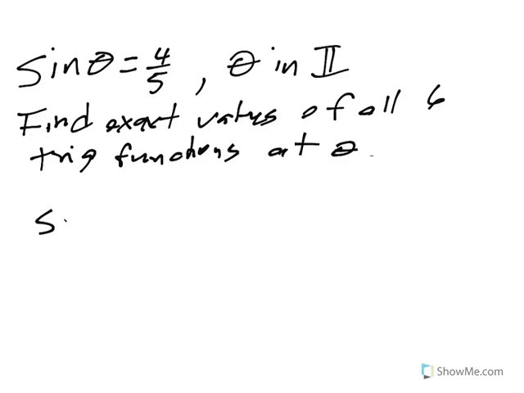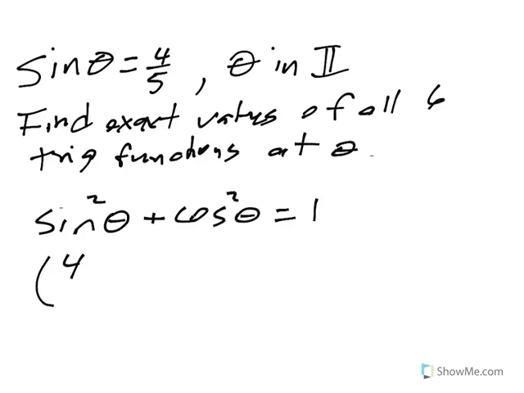We know from the Pythagorean identity that sine squared theta plus cosine squared theta equals 1. And we already have sine, and we can square it.